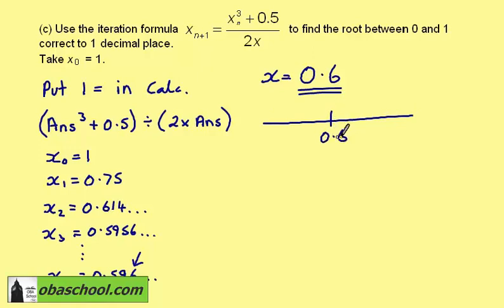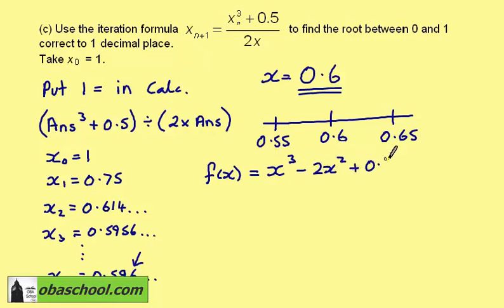If we look at a number line, here's 0.6, 0.55 and 0.65. We choose 0.55 and 0.65 as any number within this range rounds to 0.6 to one decimal place. We need to check that the root is in this interval. Therefore we need to evaluate f of x at each of these points. f of x, remember, is x cubed minus 2x squared plus 0.5.